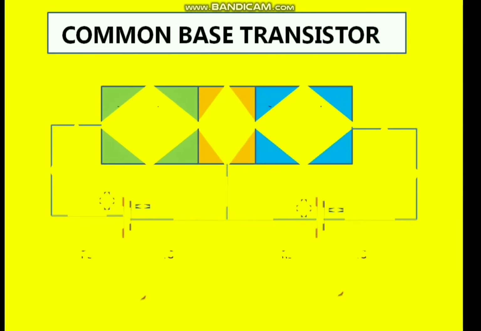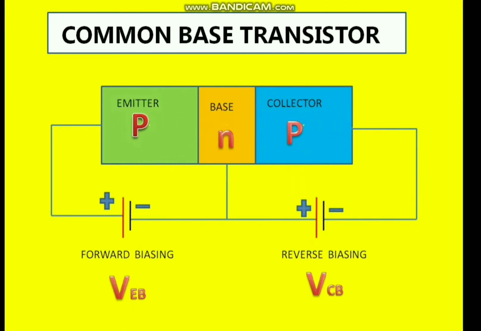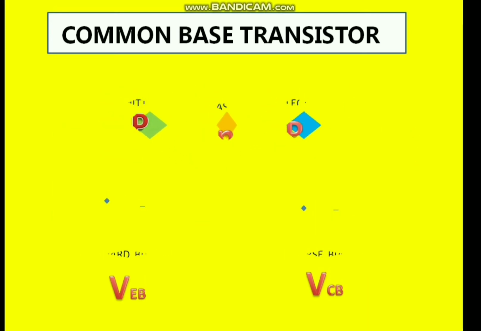When I say base is common, it means the base terminal is provided to both the emitter and the collector. Remember, the base and emitter should be getting forward biasing, and the base and the collector should be getting the reverse biasing. In case of forward biasing, remember the voltage should be low.